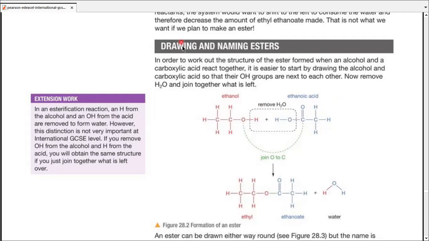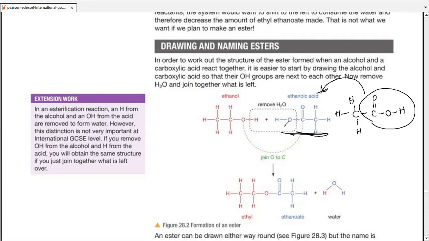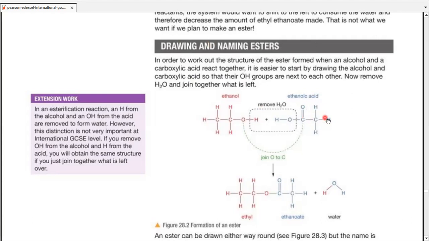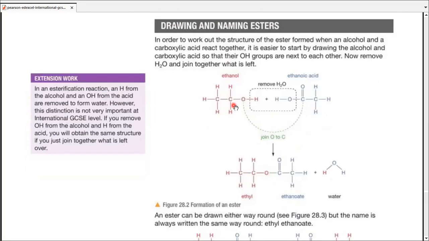You would notice that most of the time you draw the carboxylic acid with the group to the right of the substance, right? But that's not what we have done over here. We inverted it sideways. This functional group comes on the left, and this methyl part comes on the right. Make sense? So write the alcohol first and the acid after, and make sure you invert the acid sideways.